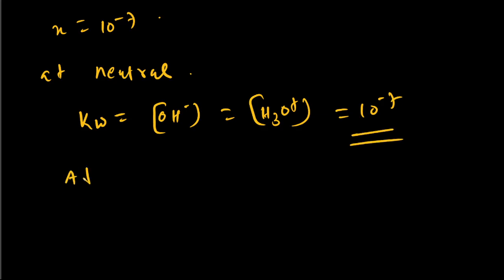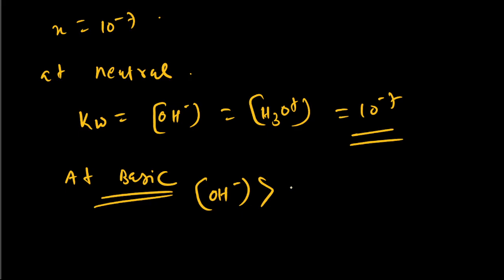And at basic medium, basic means OH minus concentration is more than H plus concentration. At neutral, the H plus and OH minus concentration is this amount.